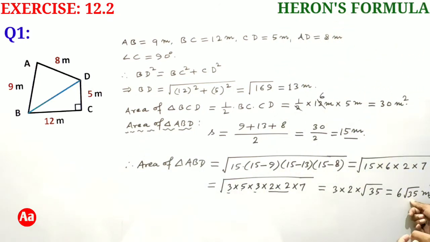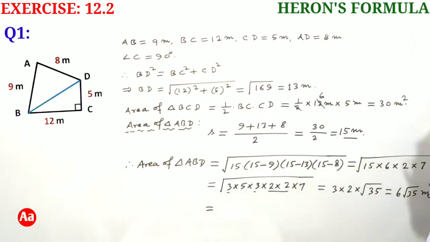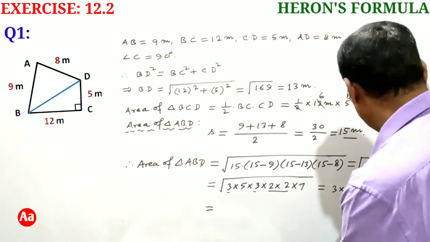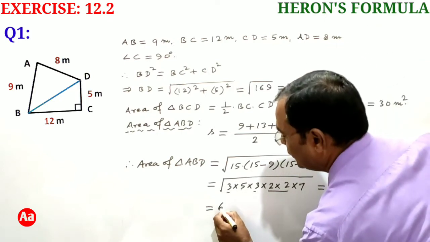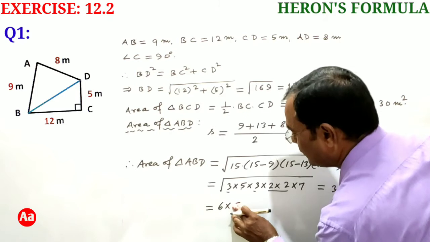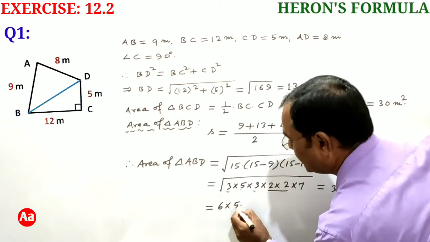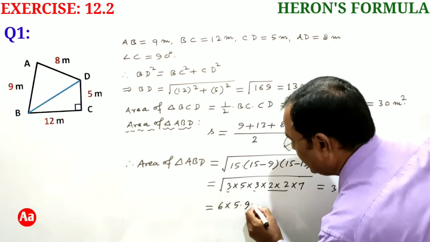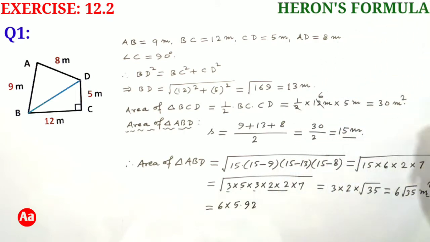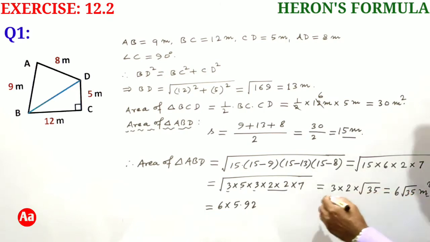If we put the value of under root 35, which is 5.92, an approximate value of under root 35, so it will be 6 into 5.9, actually it is 5.916, so let us write 5.92, which is an approximate value up to 2 places of decimal of under root 35.